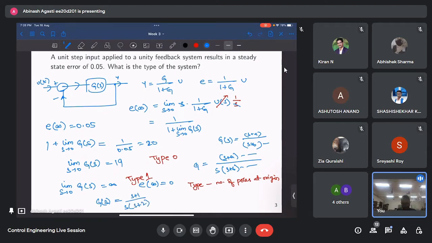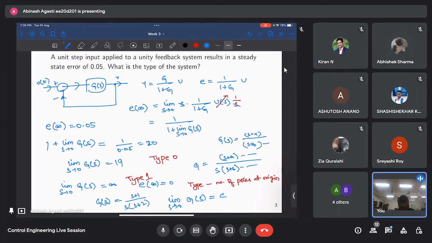So if I had this system, then can I ever say limit s tends to 0 g of s is some constant which is not equal to 0, some finite value? Will that ever happen? When the system is type 0.